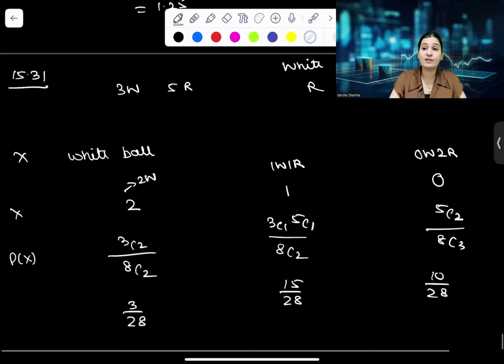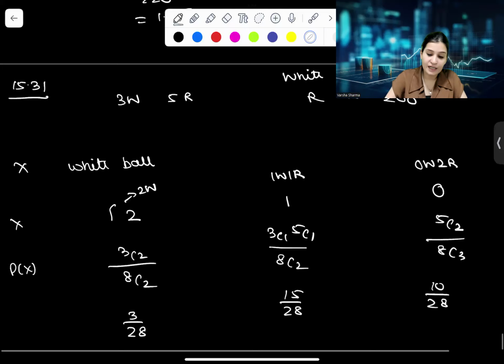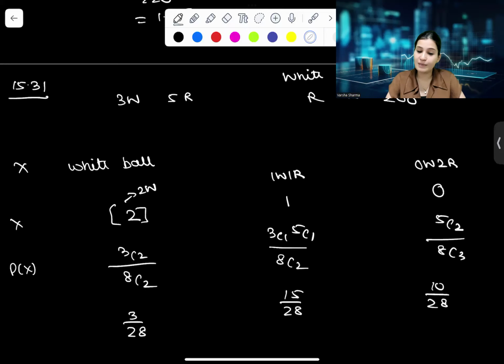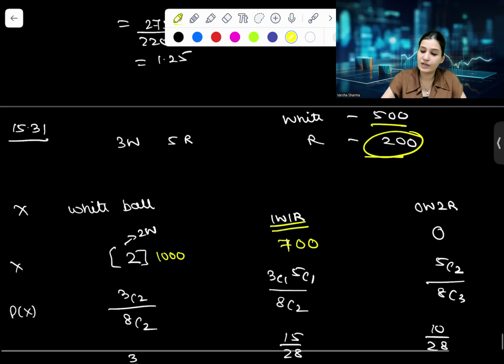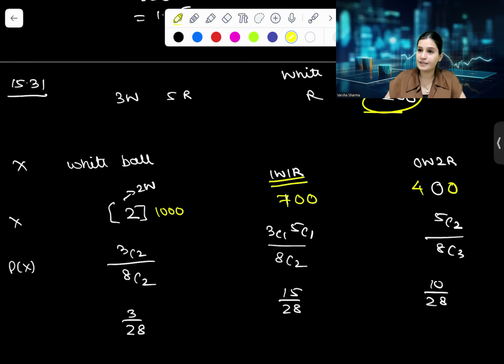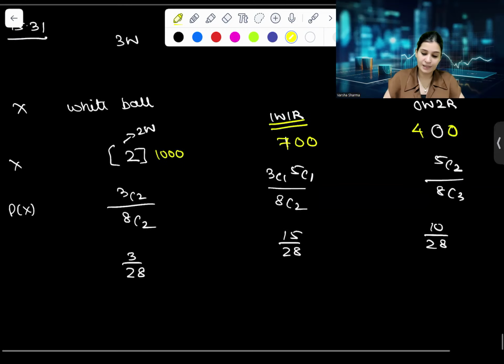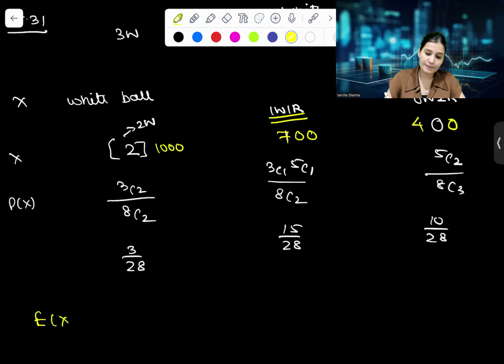But we said that X will be money. So if I have two white balls, I'll get 1000 rupees. If I get one white and one red, 500 plus 200, I'll get 700 rupees. Zero white, that means both red, so I'll get 400 rupees. These amounts will have corresponding probability. So we first find the expected value.